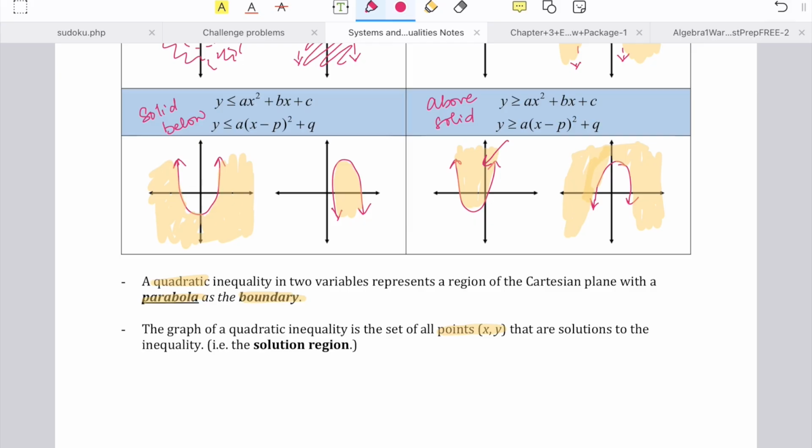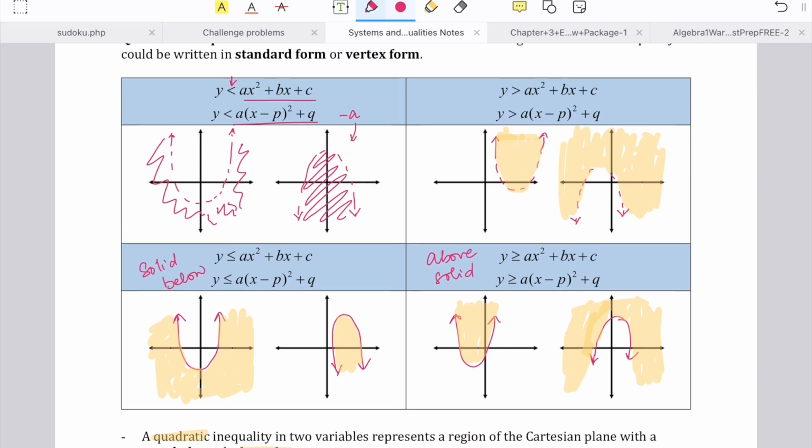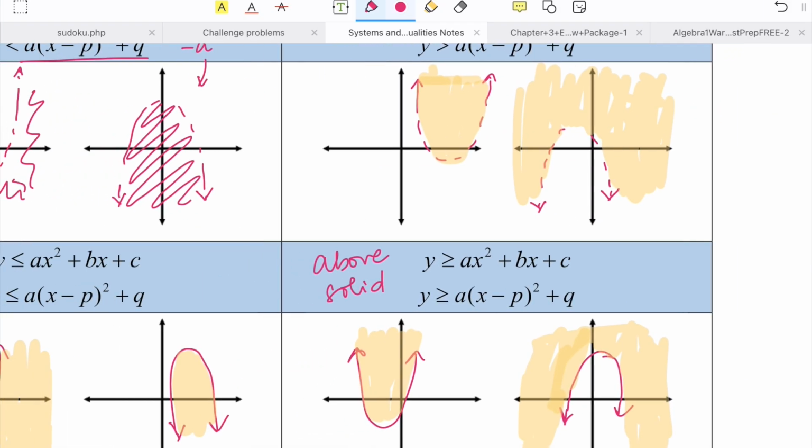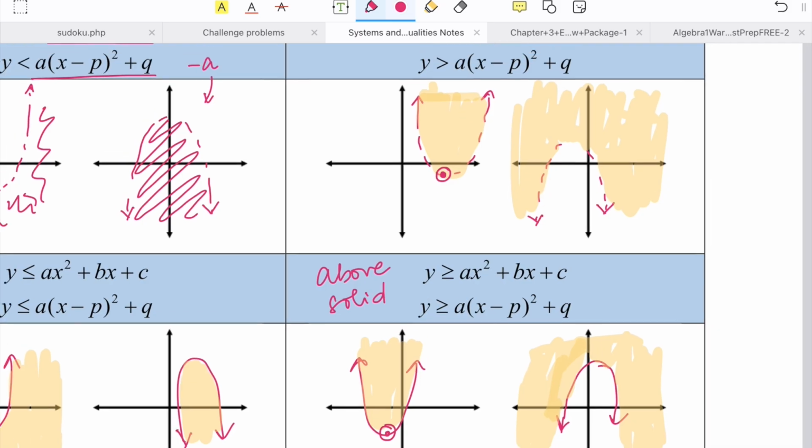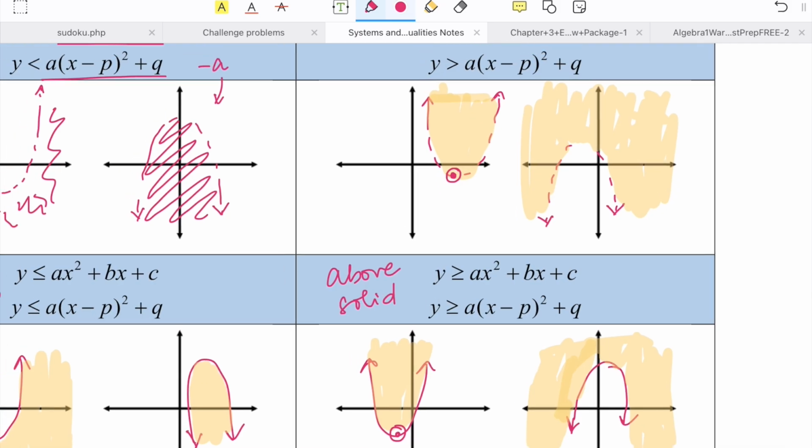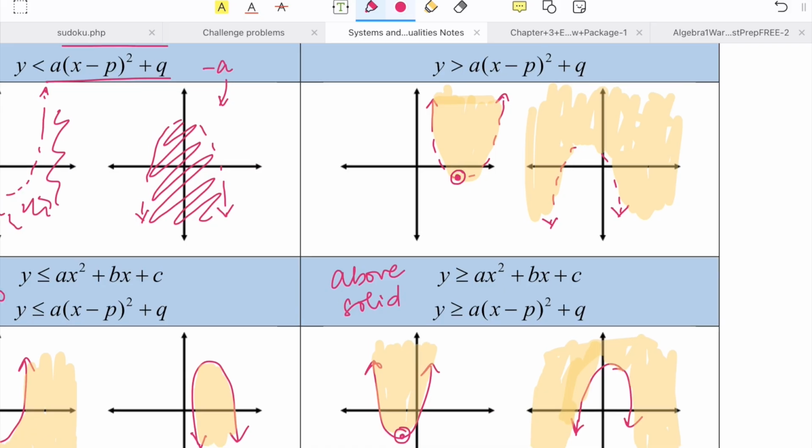My question to you now is, will this point over here be part of the solution? No. What about this point over here? Yes. Let's say this is the vertex, will this still be part of the solution?